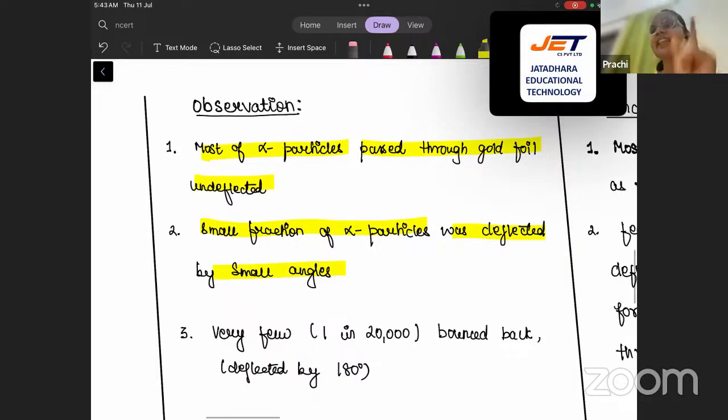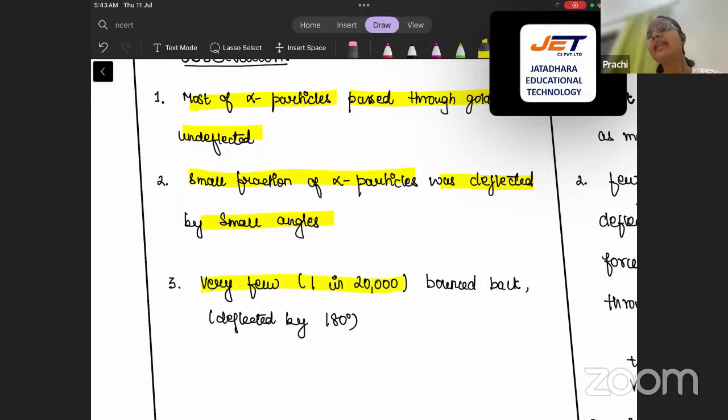And then there were very few, 1 in 20,000 particles, which bounced back, that is, were deflected by 180 degrees. Most were undeflected and hit the screen just behind the sheet, some deflected by a very small angle, but 1 in 20,000 alpha particles was deflected back completely by 180 degrees, which was unusual for them to observe.